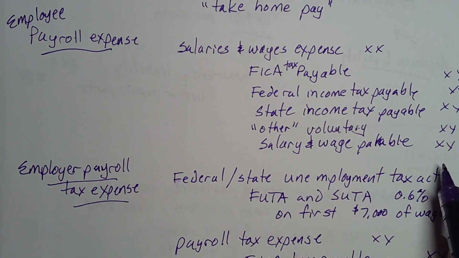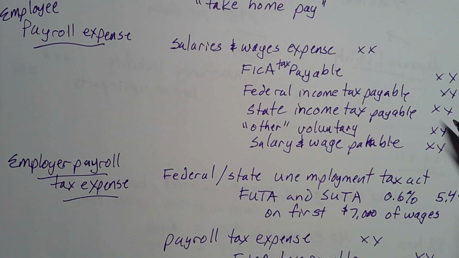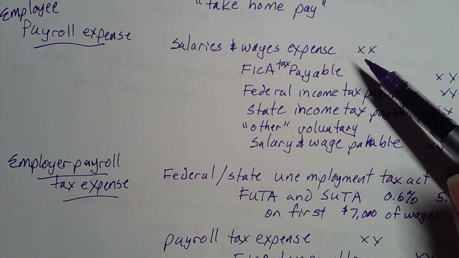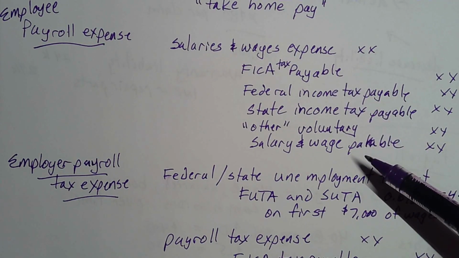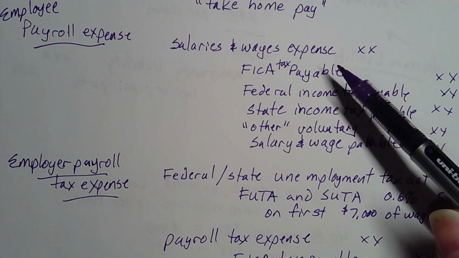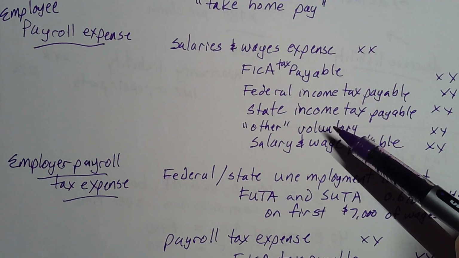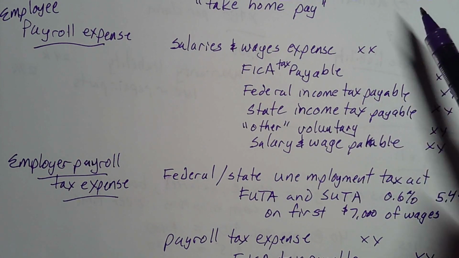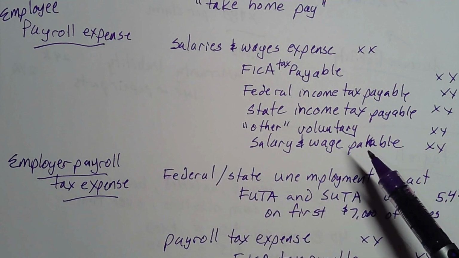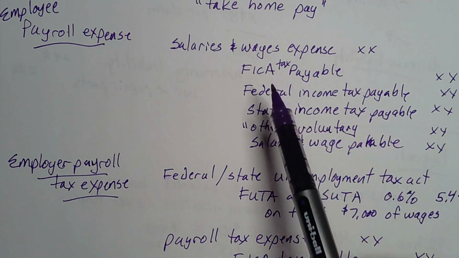And what's left over, that's their take-home pay. So their take-home pay plus all these other things that are withheld equals the total pay. And so what do we do with these? We withhold them from the employee and then give them to the state or federal government or other organizations as necessary. So that covers what the employee sees, that's their payroll.